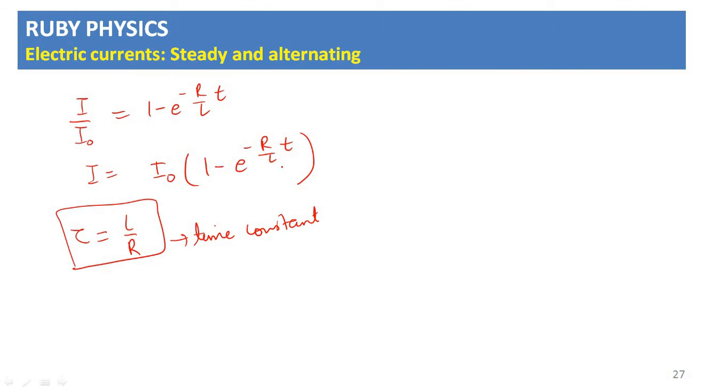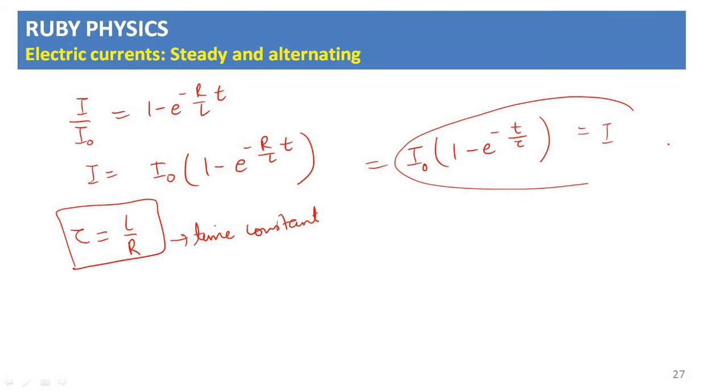So in this equation I can replace L by R by tau, and I can write it as e to the power minus t upon tau. So now I have got this equation, I = I₀(1 - e^(-t/τ)). This is my growth equation, and it shows the growth of current in an inductor, and it shows that the growth is exponential.